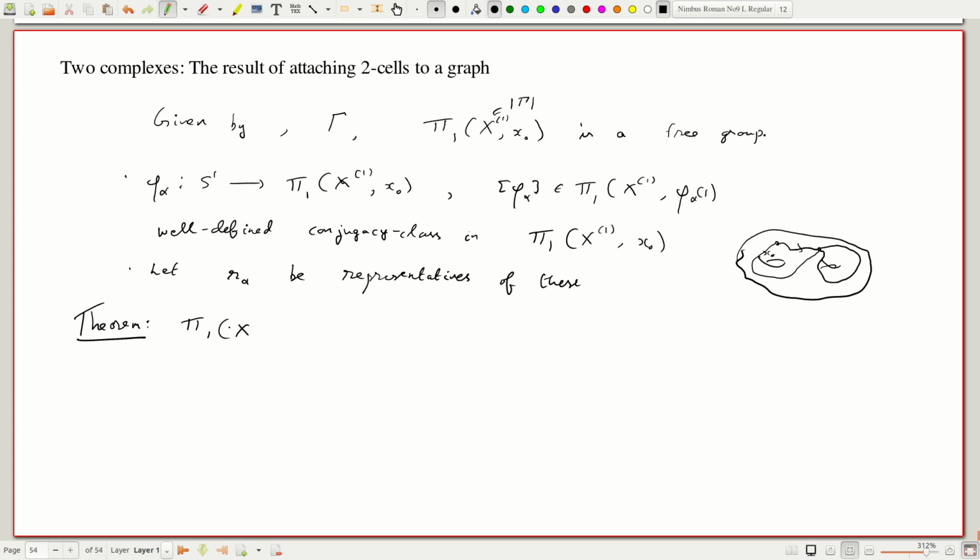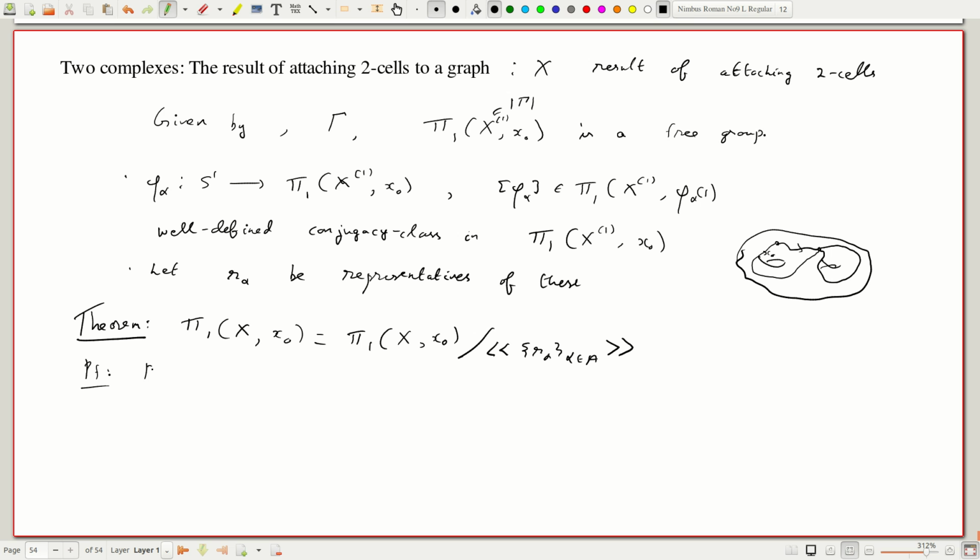Let's call this X, the result of attaching two cells to the graph Gamma. Then pi1 of X, x0 is equal to pi1 of X^1, x0, the free group, quotiented out by the normal subgroup generated by R alpha, alpha in the index set A. So this is the normal subgroup generated by that. The proof is by the Van Kampen theorem.